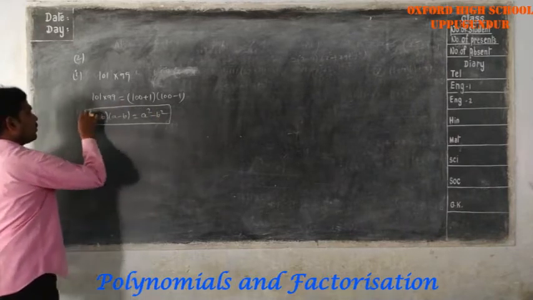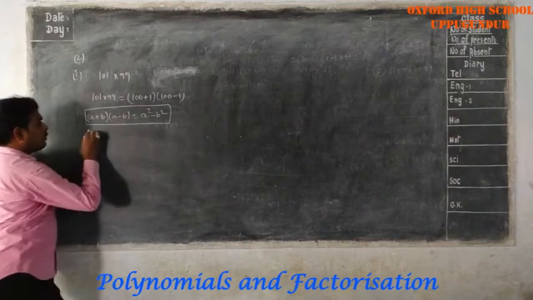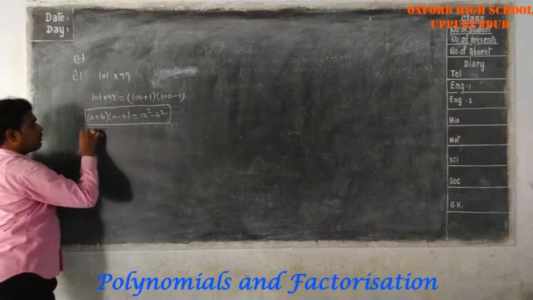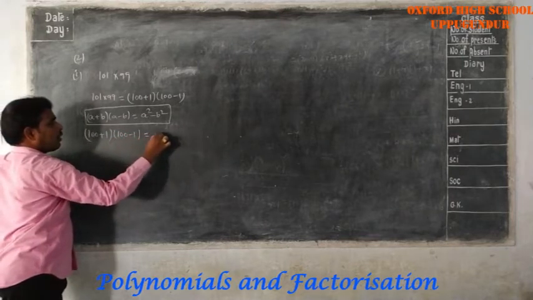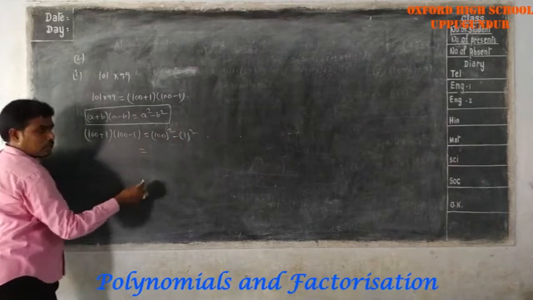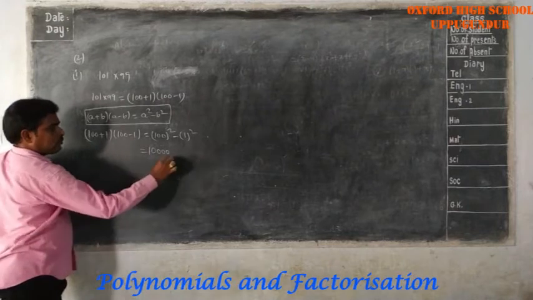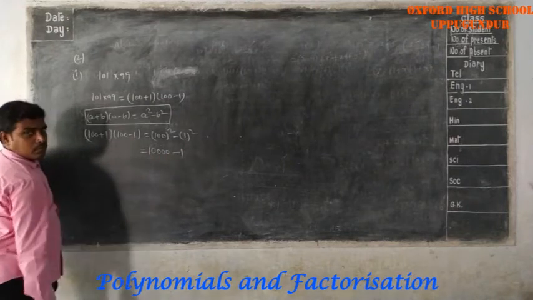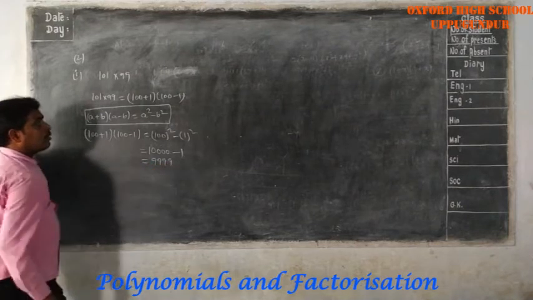Using this identity, (100 plus 1) into (100 minus 1) equals 100 whole square minus 1 whole square. 100 whole square means 10,000, minus 1 square means 1. 10,000 minus 1 is 9,999.